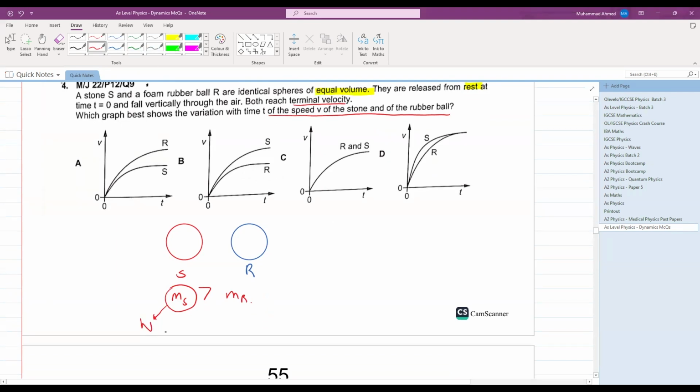If you have a greater weight, your weight will equal air resistance at a greater speed. Simply stating, for those who want to remember it simply, mass is directly proportional to terminal velocity. The greater the mass, the greater will be your terminal velocity. So B is your answer.